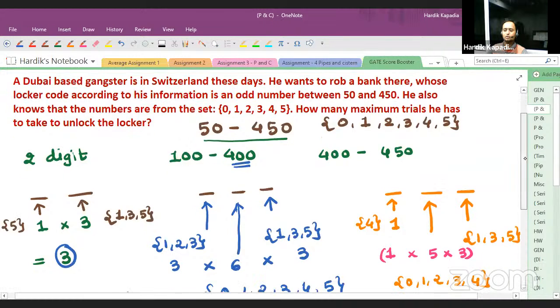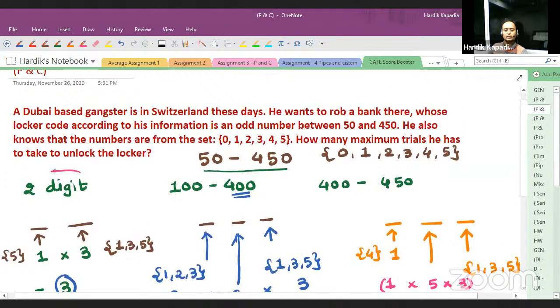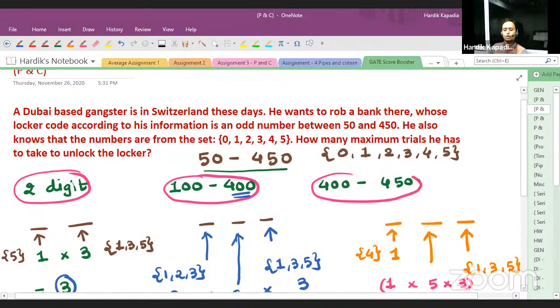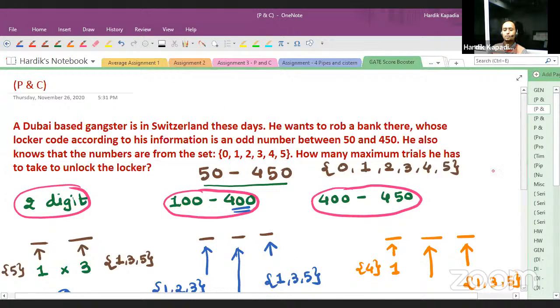Because we are taking either a two-digit odd number, or a three-digit number from 100 to 400, or a number from 400 to 450. So that's the reason we are adding it. All the conditions are necessary, but the number has to be either this or this or this. Fine.